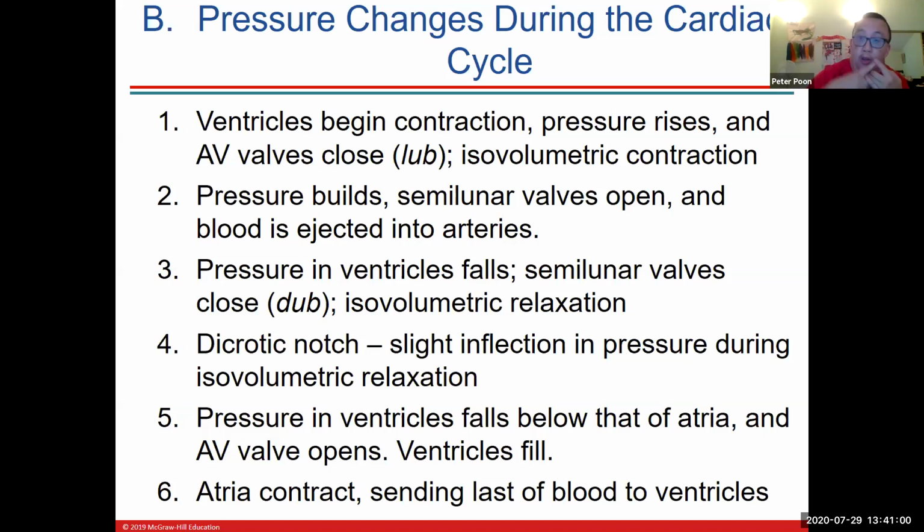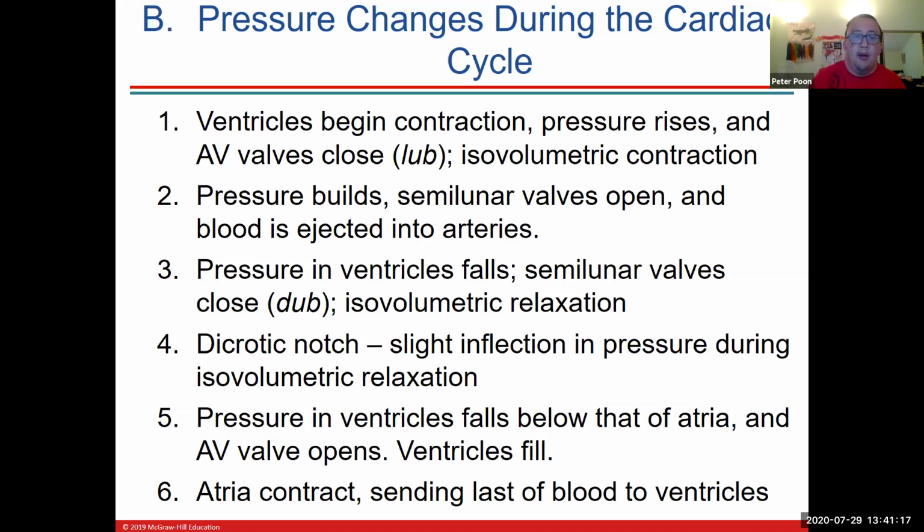Okay, after the ejection, the pressure in the ventricles falls. The semilunar valves close, so you can't have any blood coming back in. And then the ventricle relaxes.